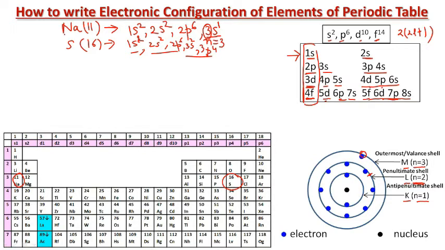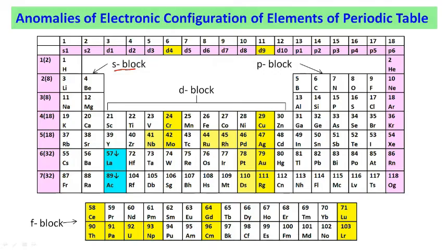Here in both cases, that is in sodium and sulfur, the last electron enters into the s orbital and the p orbital. So corresponding to this, the elements of the periodic table have been categorized as s block elements, p block elements, d block elements and f block elements.